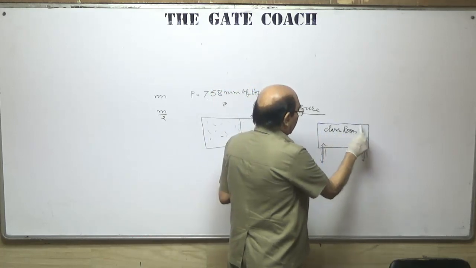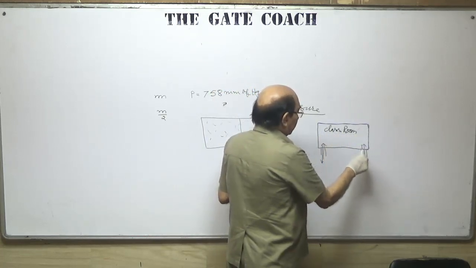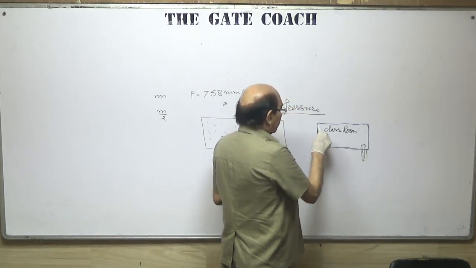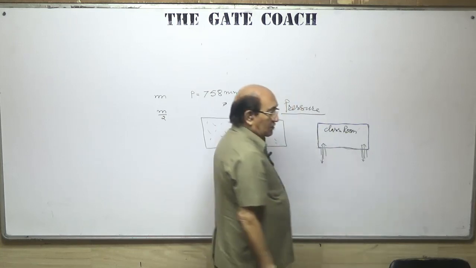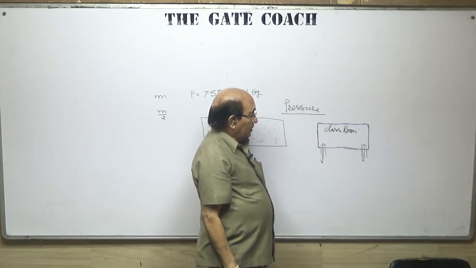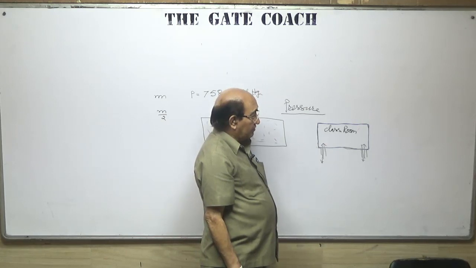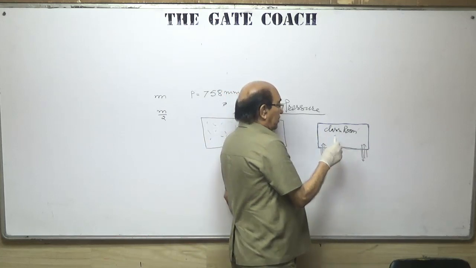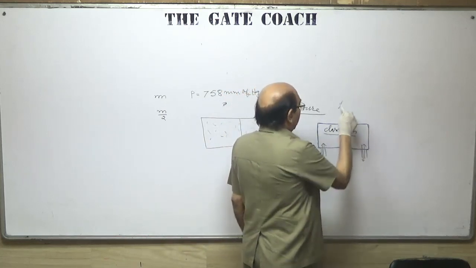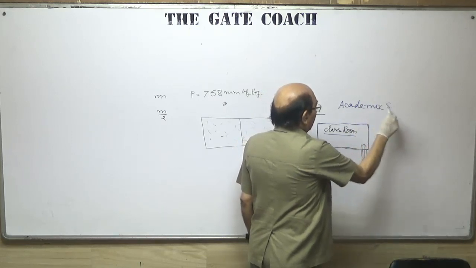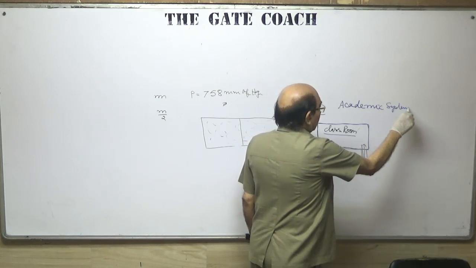These are the surfaces with which this system can be distinguished from the surroundings. That means with the help of these walls, this system can be separated. So this classroom is my academic system.